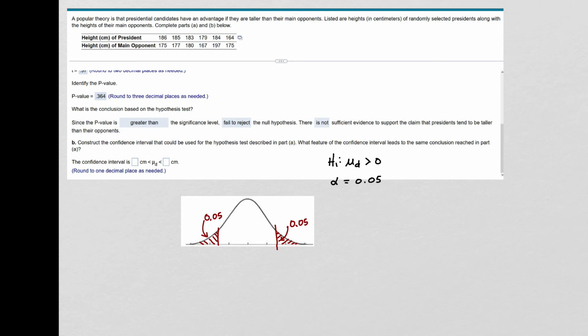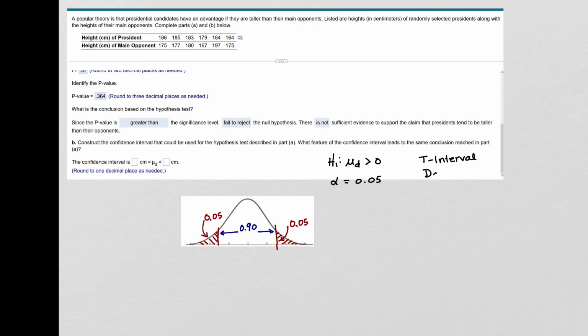And that means we have a total of 0.10 in the two tails. So the area in the middle, that's what I want to know about. That's going to be my confidence level. That is 0.90. So we have a 90% confidence level for this problem.